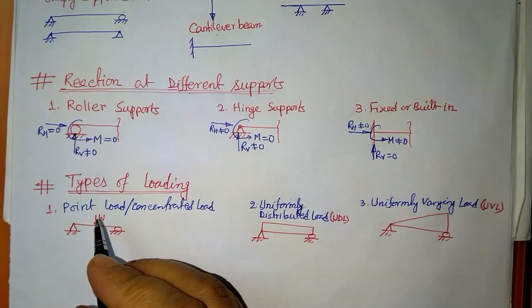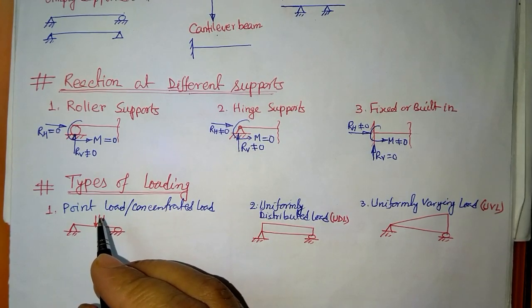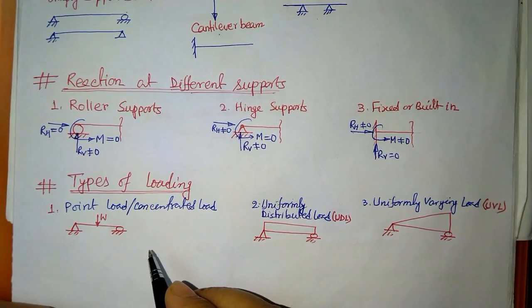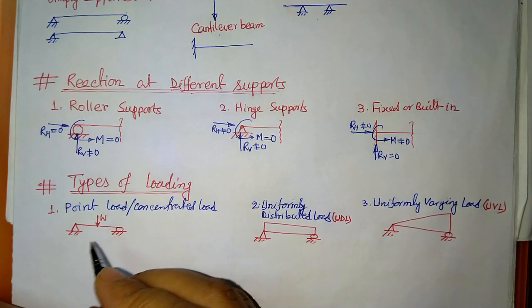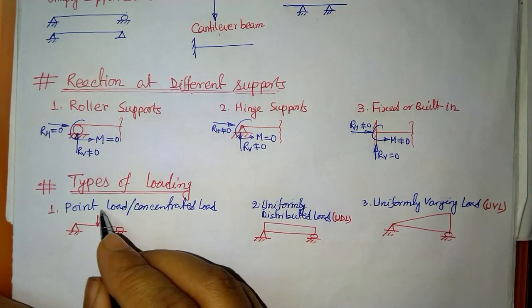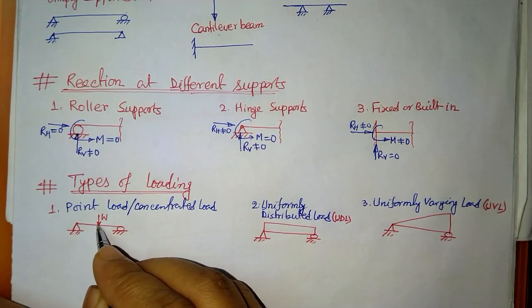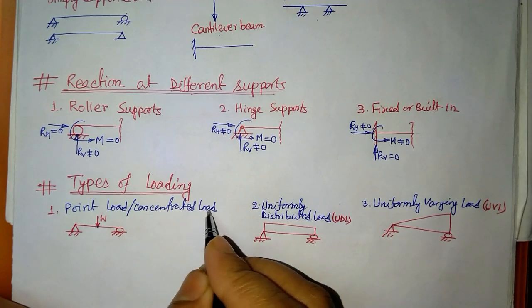We'll see the types of loading. There are different kinds of loading. First we have point load or concentrated load. Point load or concentrated load means the total load acting at a point. So W is the total load, acting at a particular point. This is also known as concentrated load.